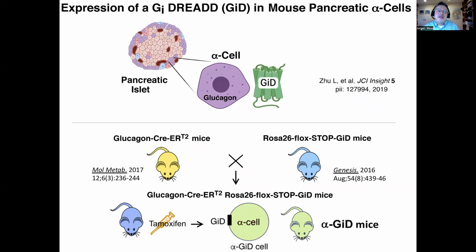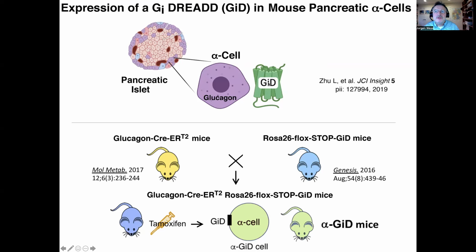We were interested in exploring whether and to which extent different GPCR signaling pathways modulate glucagon release from pancreatic alpha cells. We initially generated a mouse in which we expressed the Gi DREADD.